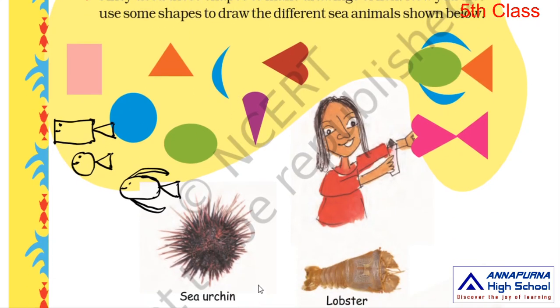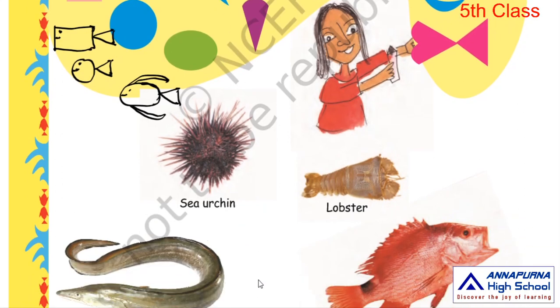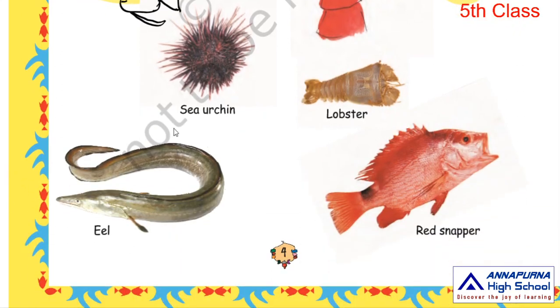Now come to the next one. Here he has given some names of sea animals. This is sea urchin, lobster, eel, and this is red snapper.